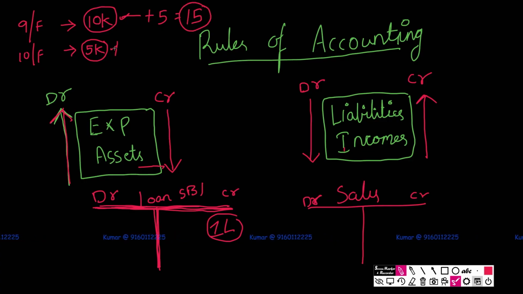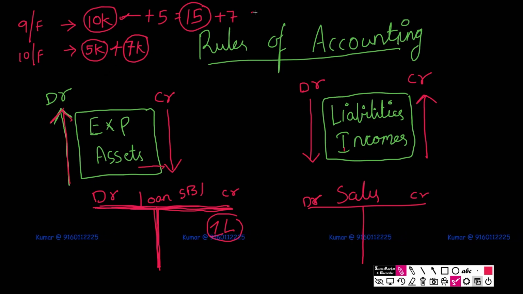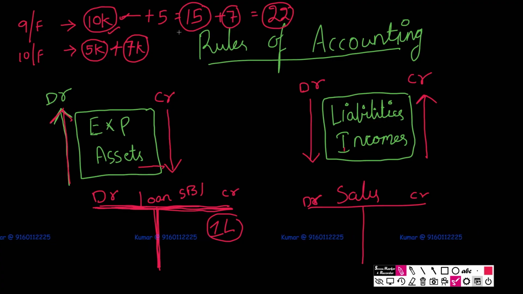Again, in the evening, I sold goods worth around 7,000. So again 15 plus 7 becomes 22. That means it is increasing. Previously it was 10,000, in the next day's morning it became 15,000, and again in the evening it became 22,000.